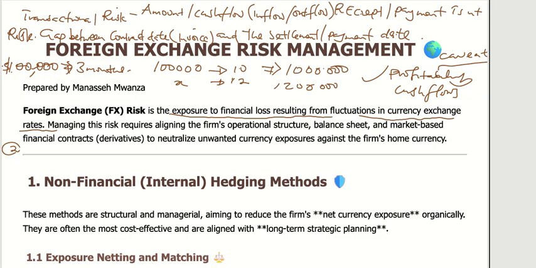Usually, they call this the balance sheet risk, but basically what we are talking about is what we call translation risk. For translation risk, basically how it is coming in is that it is mostly affecting multinationals.